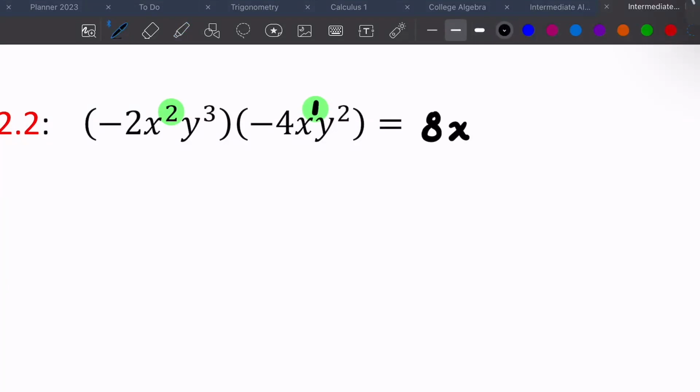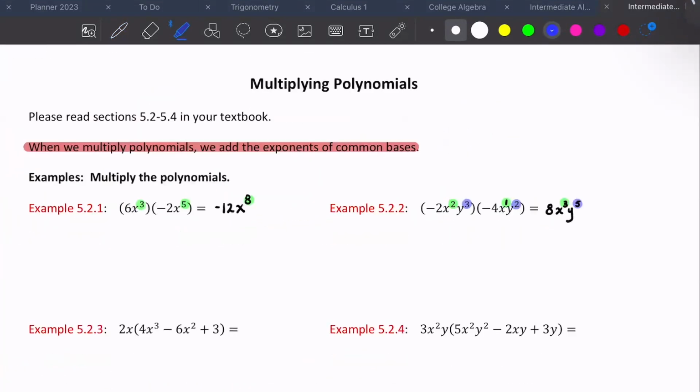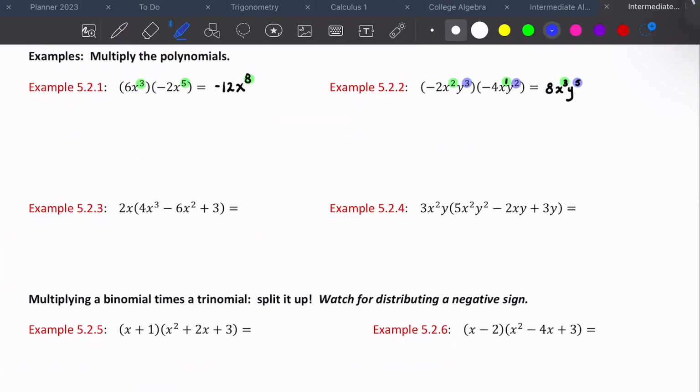And just a tip, it helps if you write the ones in there because you just forget. So 3, and then y, and we have 3 plus 2, that gives us y to the fifth, and we're done. Okay, so just adding those exponents together.